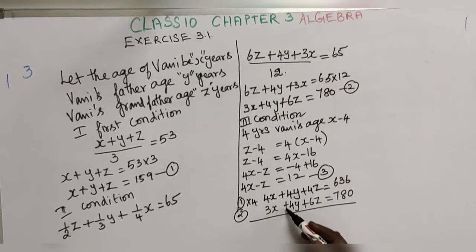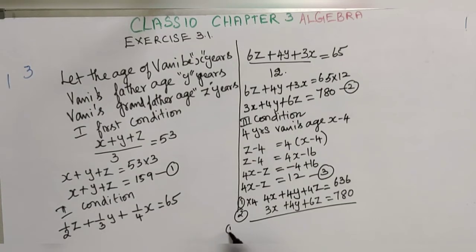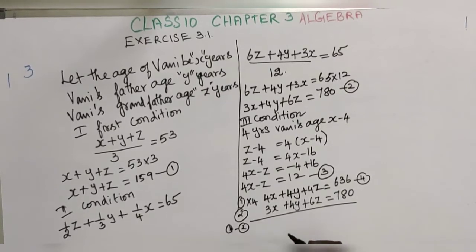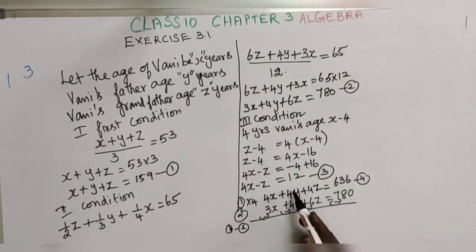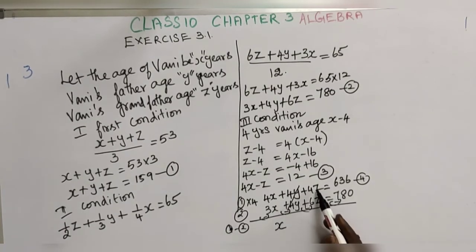See the signs, they are of the same sign, so we have to subtract the second equation from the fourth equation. Change the sign of each term. Now 4y minus 4y get cancelled. 4x minus 3x, x. 4z minus 6z, minus 2z.